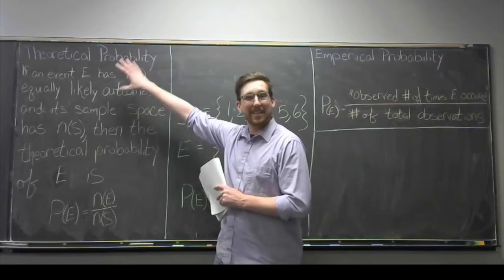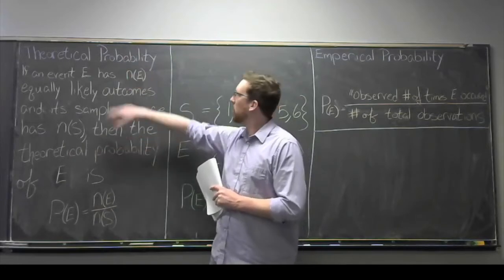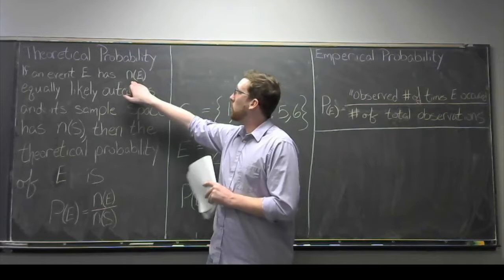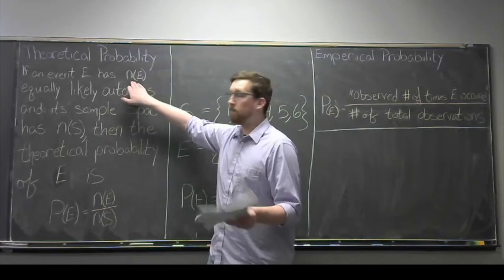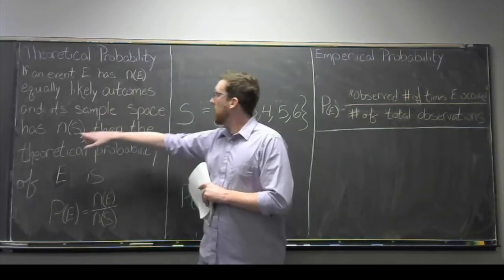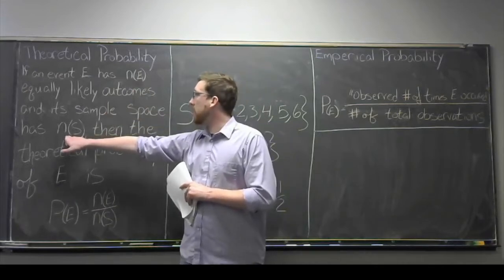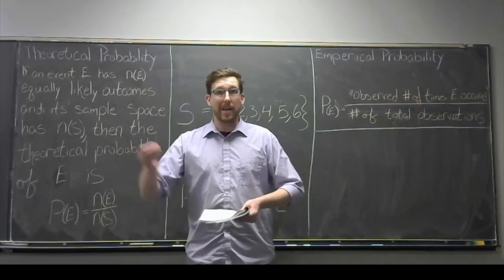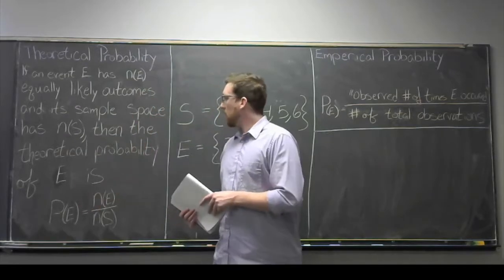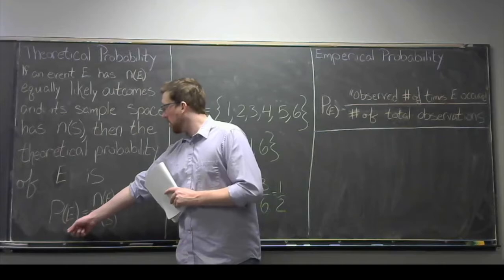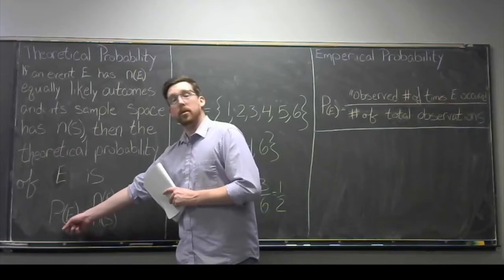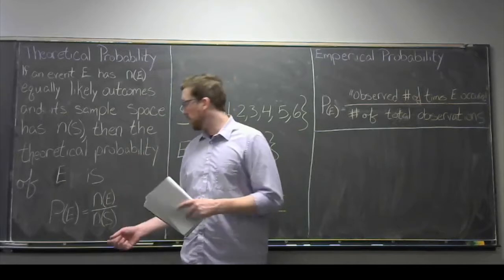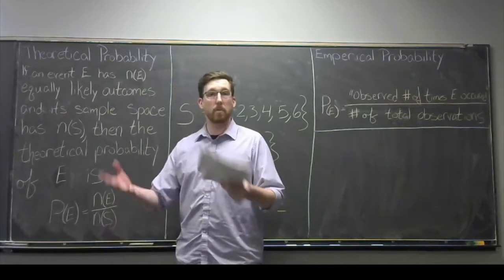Theoretical probability is just what you see here as a definition. We're counting the number of ways E is likely to occur, and then counting the number of ways our experiment as a whole could end. We're saying that the probability of E occurring is the number of ways E could occur, divided by the number of ways that our experiment could end.